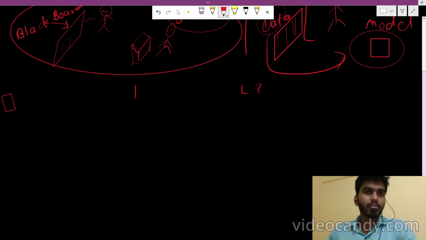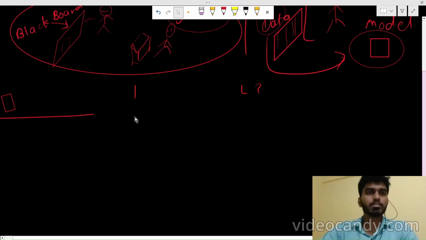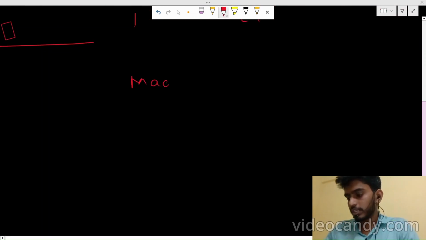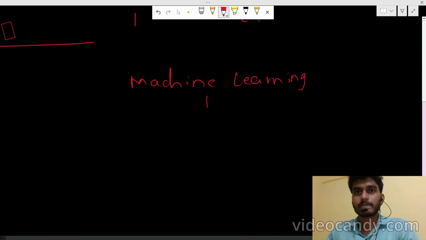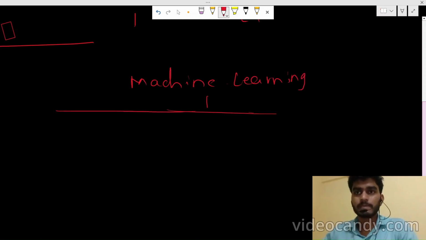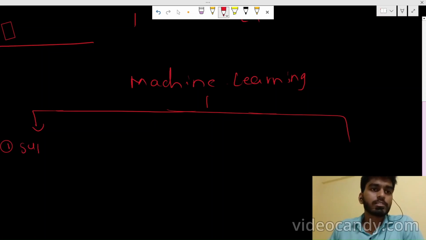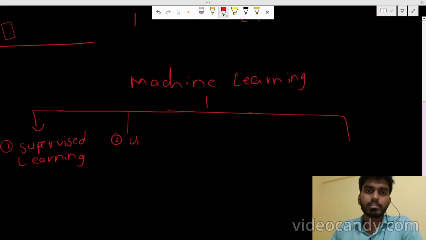Majorly there are four types in machine learning. Let me draw the hierarchy first. Machine learning. The first type is supervised learning. The second one is unsupervised learning.